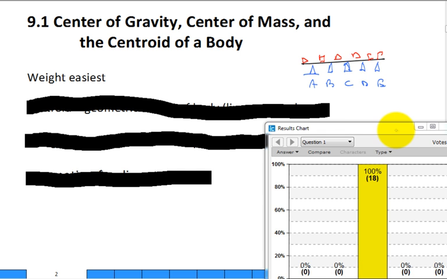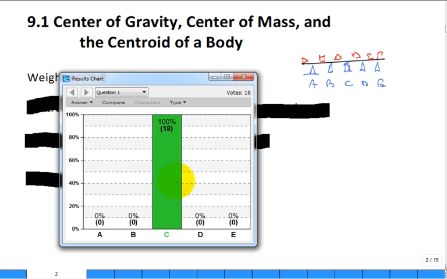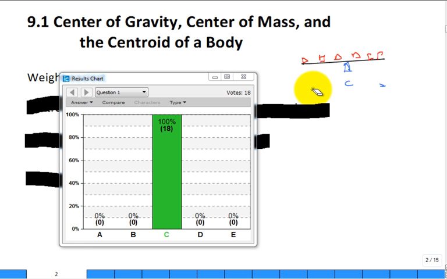So this was not a hard question, and I'm glad to see that everybody here is correct. Why was C the best answer? Because basically it balanced. And what's the concept here? In the presence of a gravitational field, you have the weight here down, the weight here down, equal weights going down.